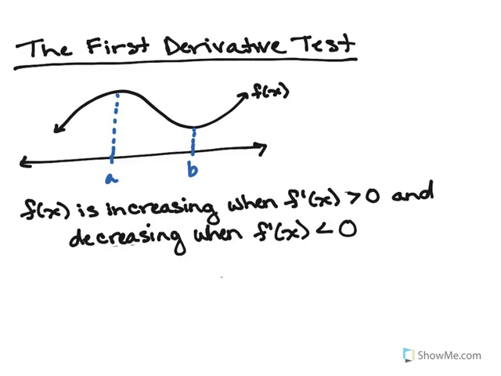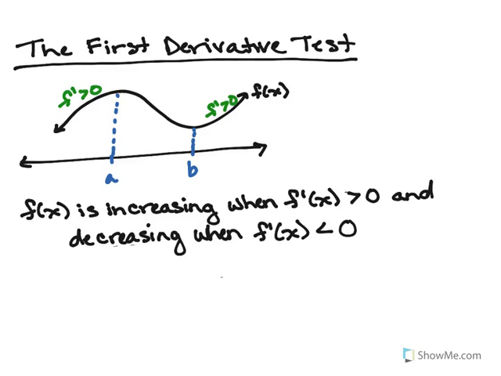So over here, to the left of A, my derivative is positive. My function's increasing there. That's also true to the right of B. My derivative would be positive there.